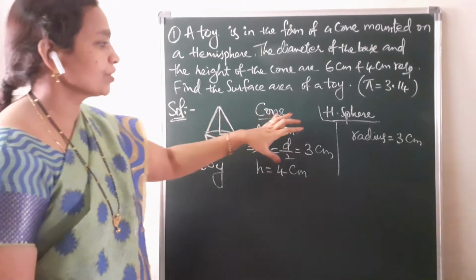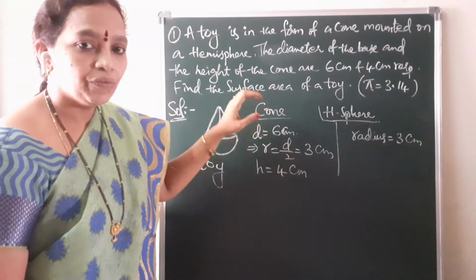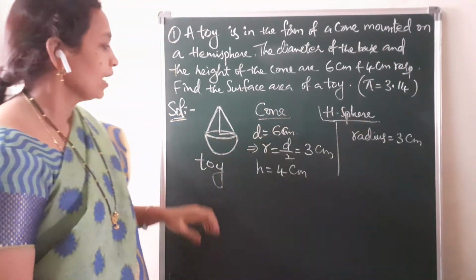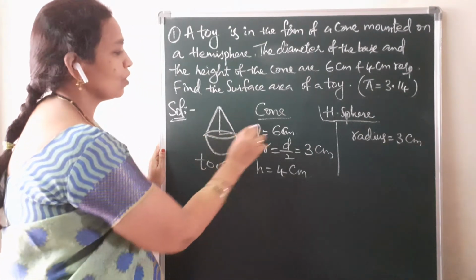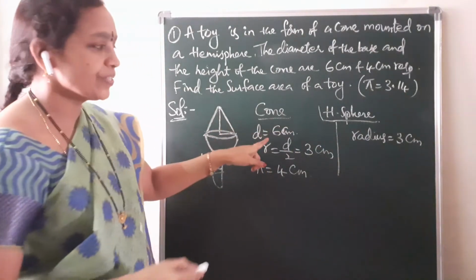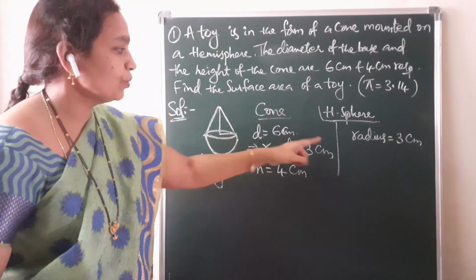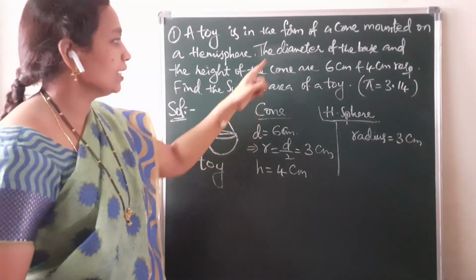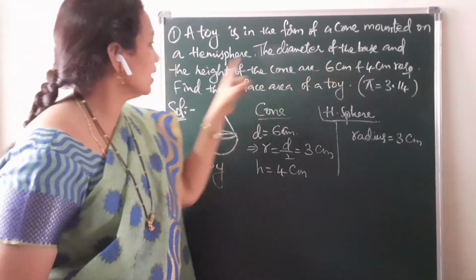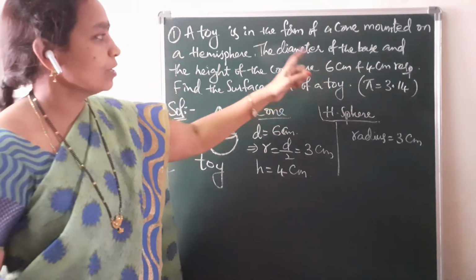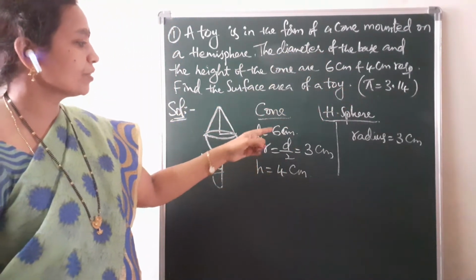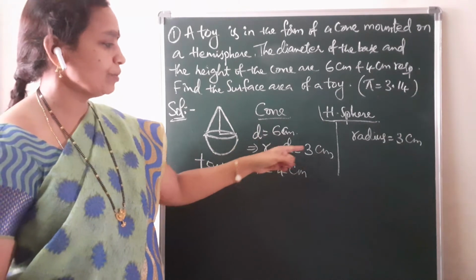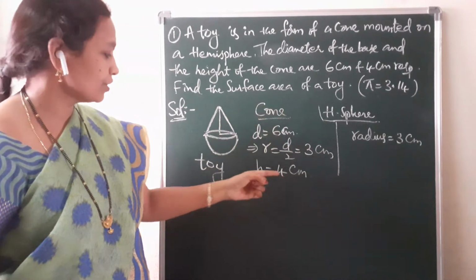What are the combination of solids here? One is a cone and one is a hemisphere, and the bases are merged together, so the base diameter is common for both. That means the base radius is the same in the two solids. The given diameter is 6 cm and height is 4 cm respectively. So diameter is 6 cm, radius is d by 2, which is 3 cm, and height is 4 cm.